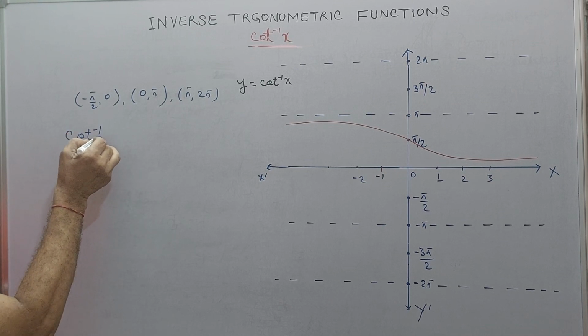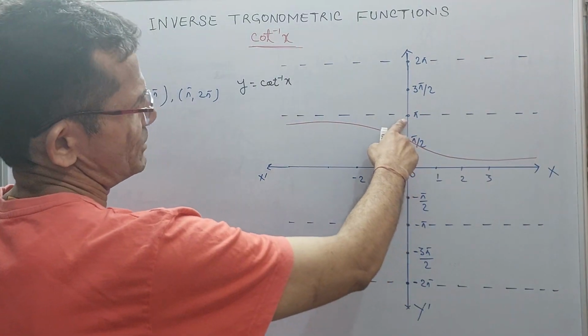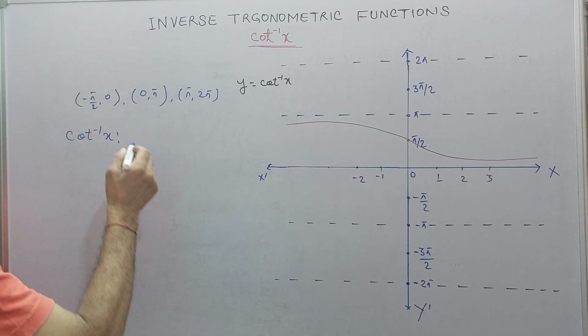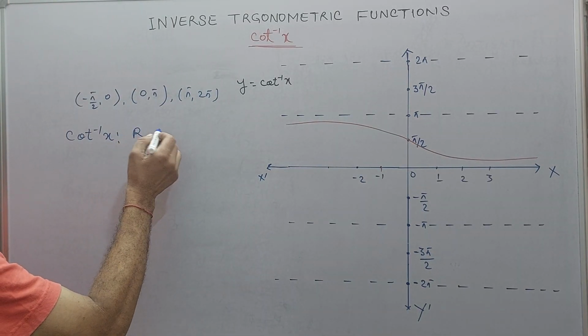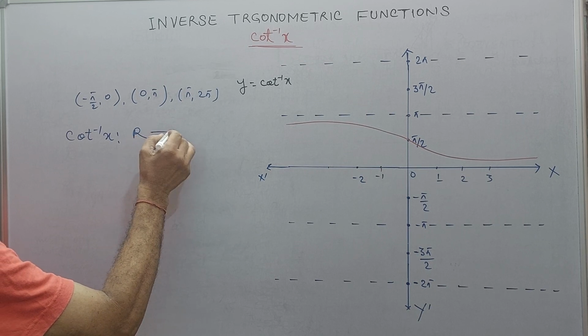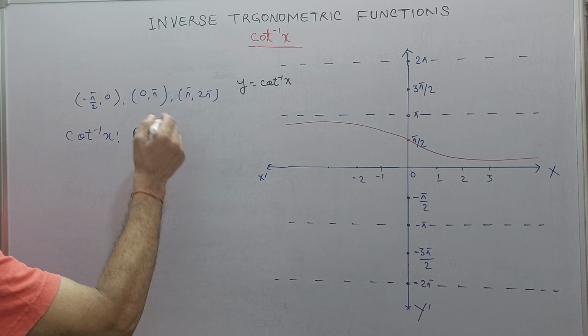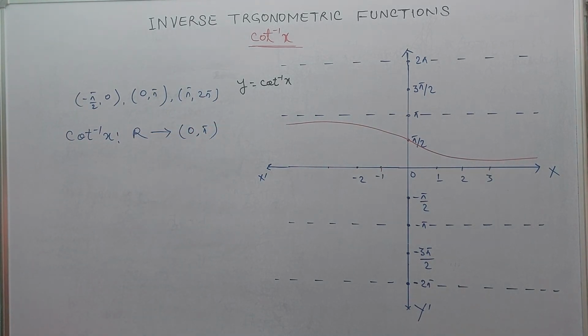If I consider cot inverse x in the interval 0 to pi, our domain will be the set of real numbers from minus infinity to plus infinity, and the corresponding range will be 0 to pi.